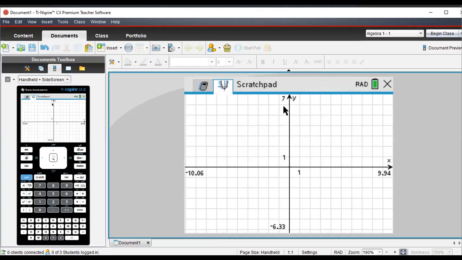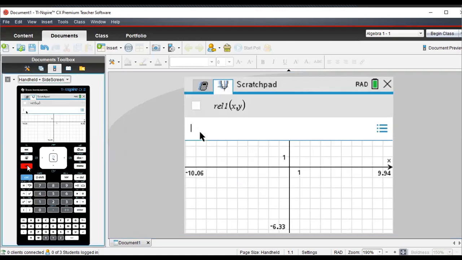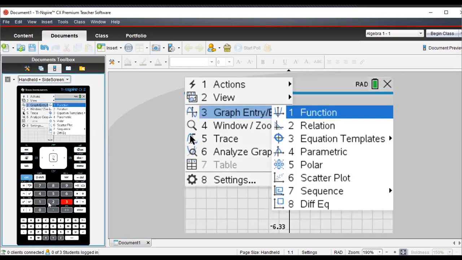All right, I'm going to change this back to functions, menu 3.1.